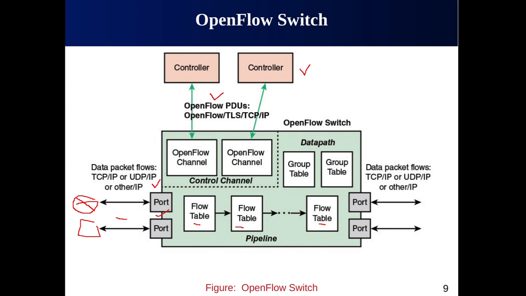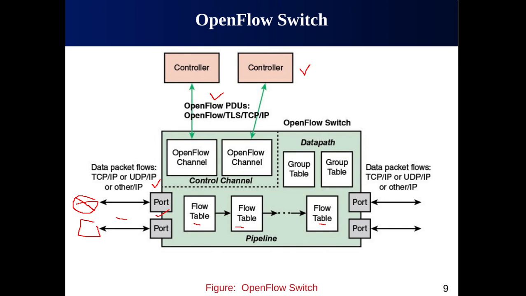Here the packets are transmitted in the form of a flow. So this table will match the incoming packets to a particular flow and specify what functions are to be performed on those packets. And we will see in a moment that there may be multiple flow tables. We are not talking about just a single flow table.